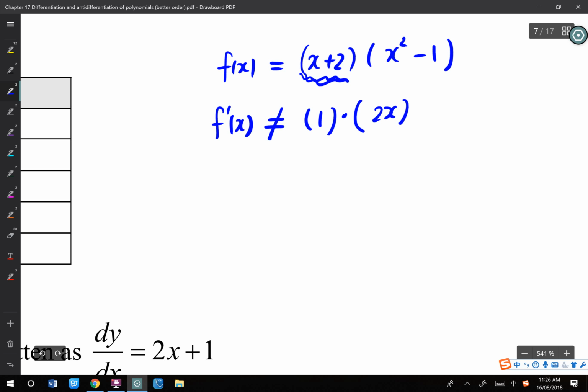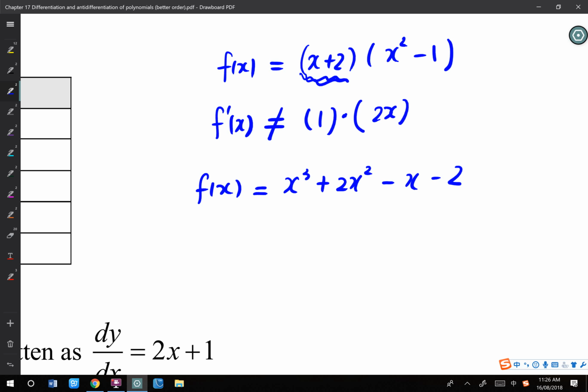You can't do this. So what you need to do instead is expand the function. Make it x cubed plus 2x squared minus x minus 2. Make everything become single terms, plus and minus together.